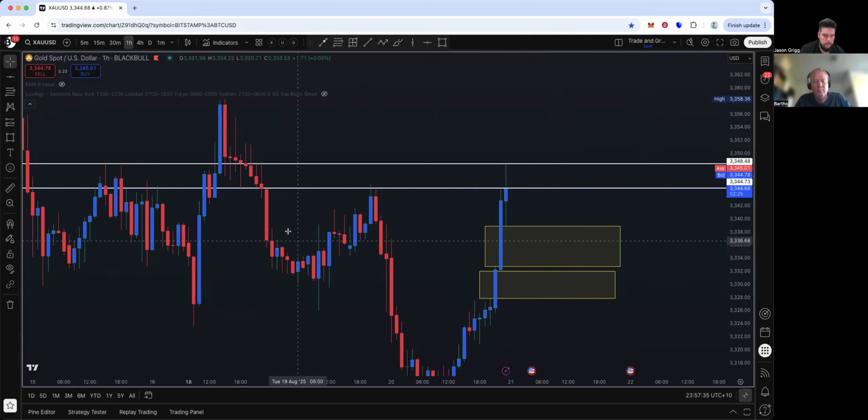Okay, when you look back at any imbalance that's happened previously, look at how it filled, right? It's filled here, price drops down, it's deep, recovery.